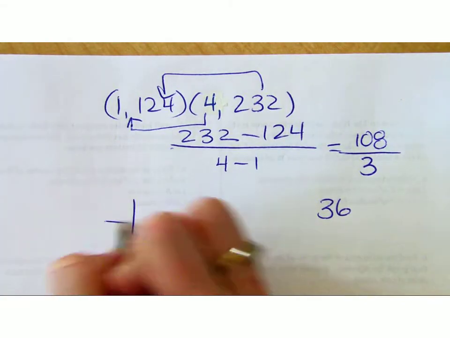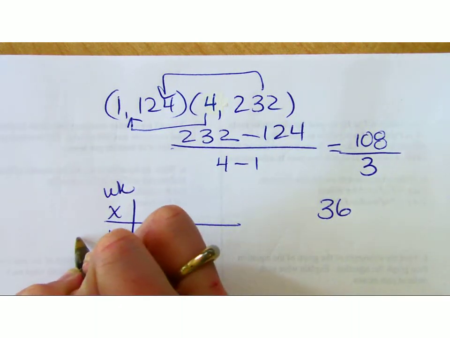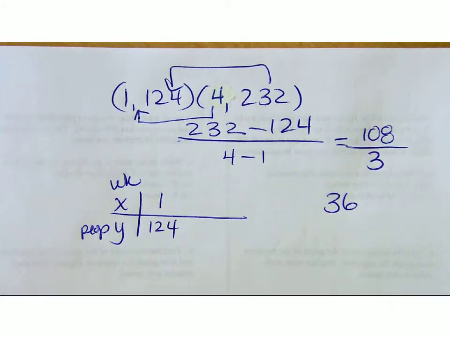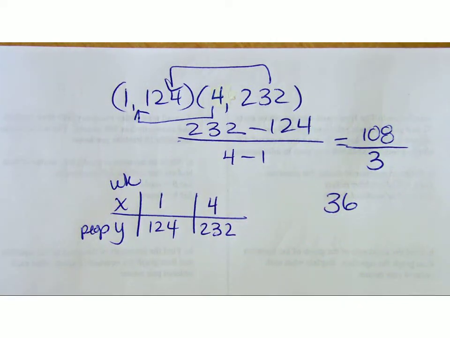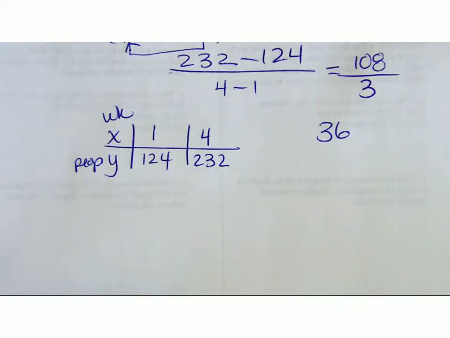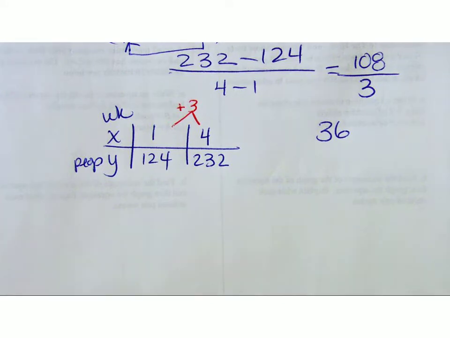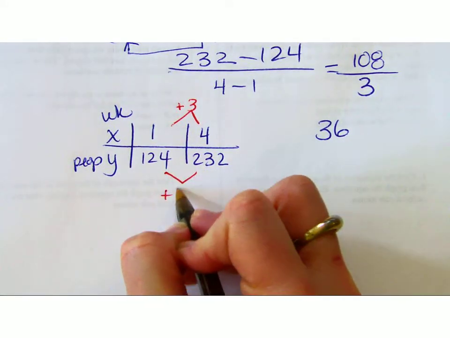If X is my number of weeks and Y is my number of people, on week 1, 124 people went. On week 4, 232 people went. Are you still doing the same thing? Yes. From week 1 to week 4, it went up 3. And the attendance went up 108.